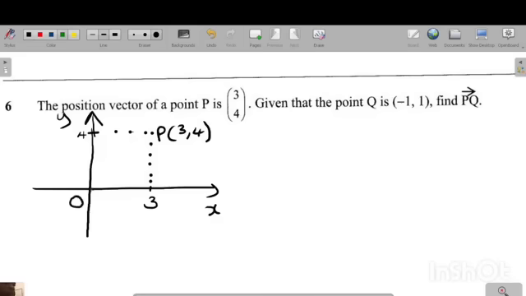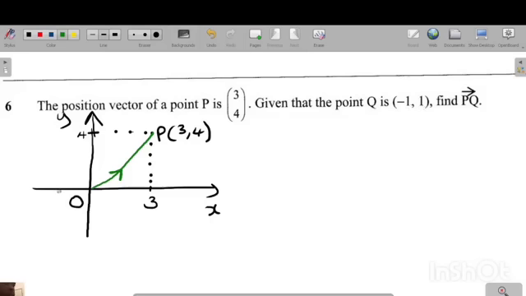From the origin, vectors move from the origin. So you can join from the origin to point P. And because the vector is starting from here, you need to put arrows like this. Okay? And then point Q, they are saying point Q is at negative 1,1.